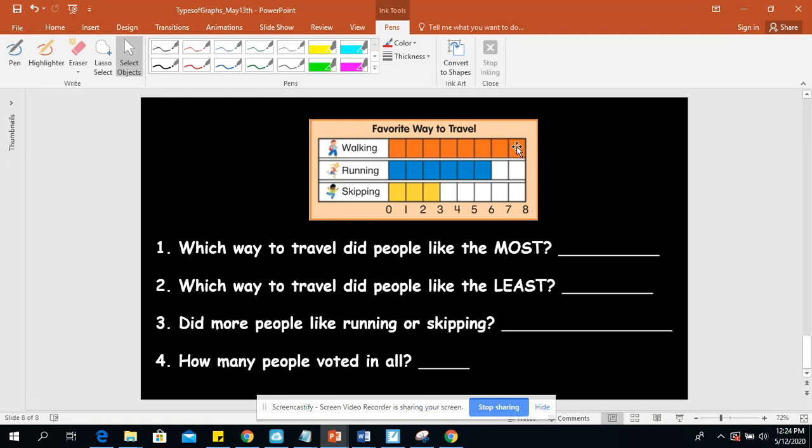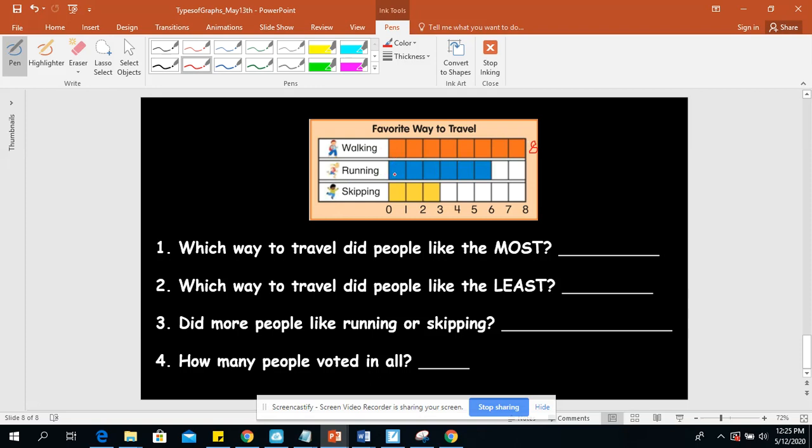And I see that the bar goes all the way to the number 8. See? That bar goes all the way to 8. There are 8 squares that make up this bar. So 8 people chose walking.